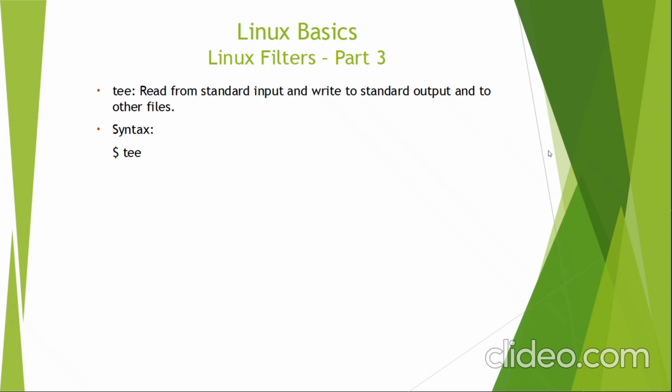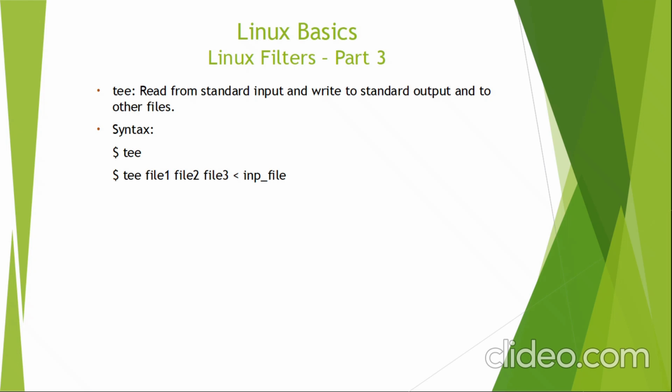Okay, the syntax is T. T being a filter, T can be issued without any arguments. T file 1, file 2, file 3, whichever files are specified as arguments to the T command, T will write to those files. There is a difference between other commands and T. With any other command, if you want that command to write to a file, you need to do the output redirection.